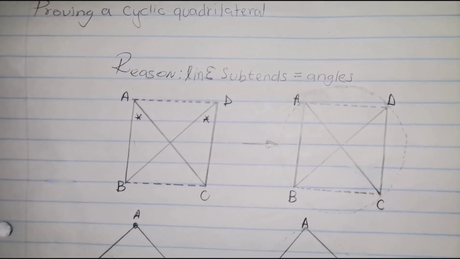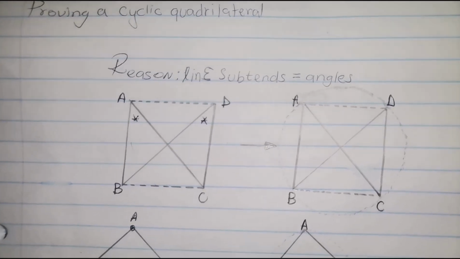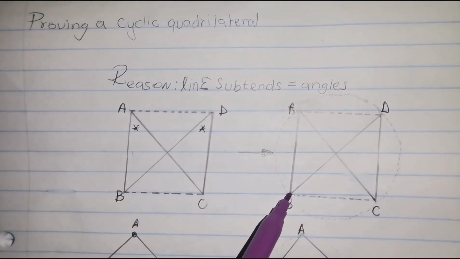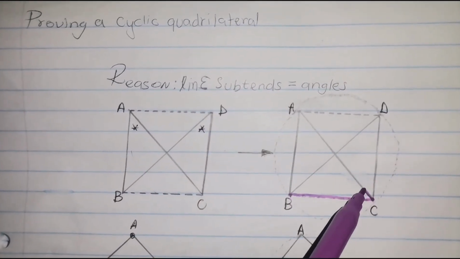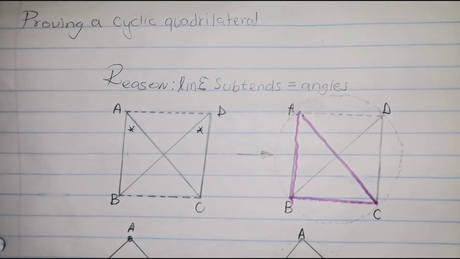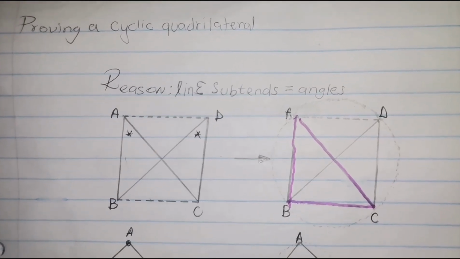And in this case, the second reason to use is that theorem number 4, which says that if you have a chord, the angles subtended by the same chord.